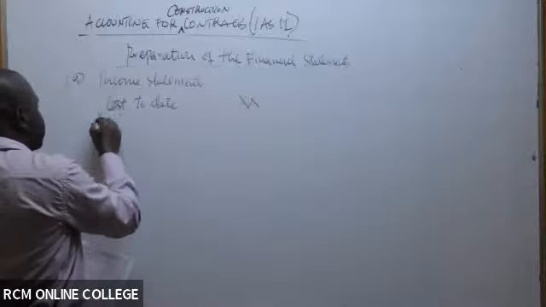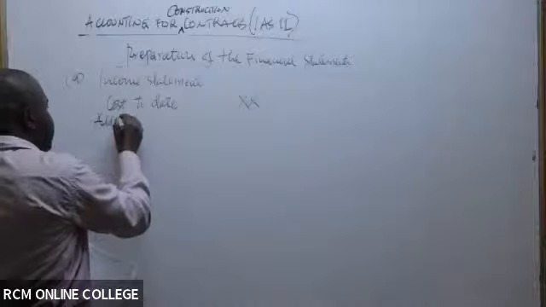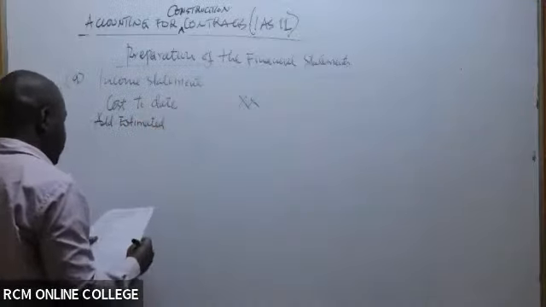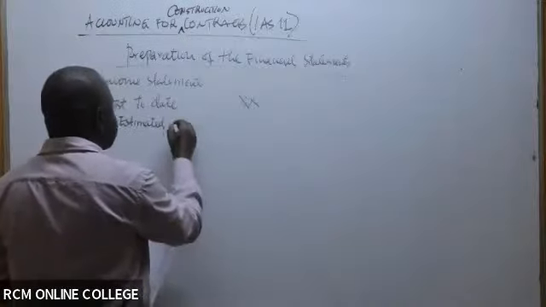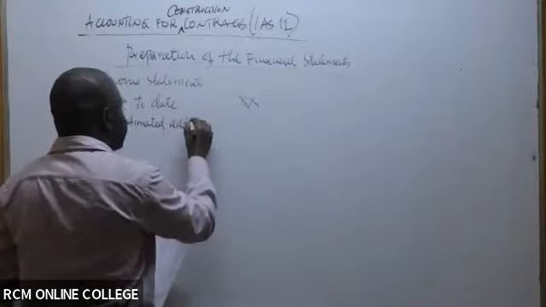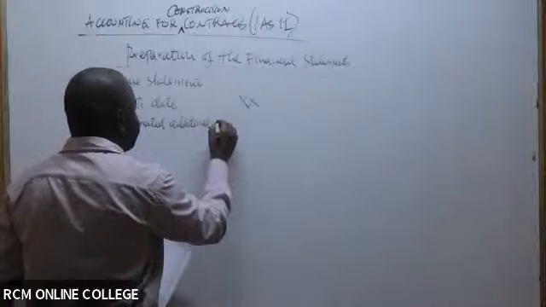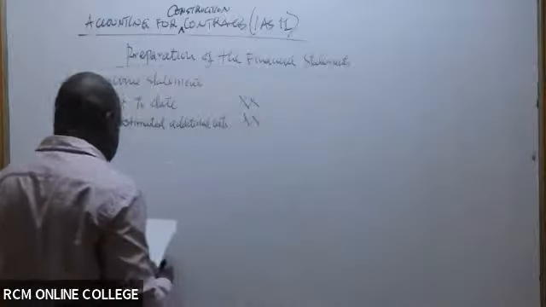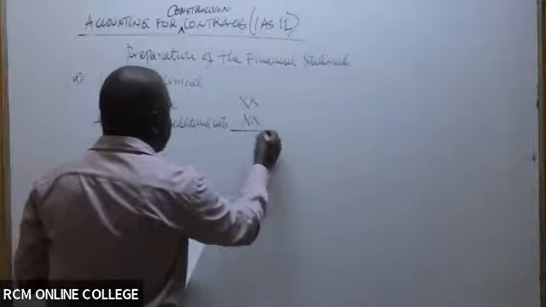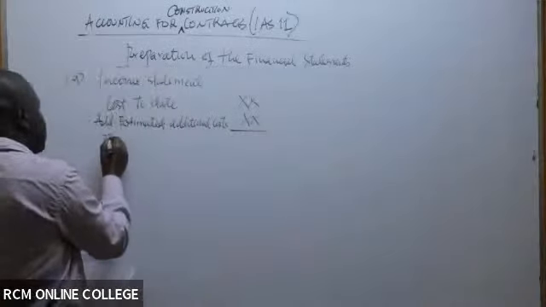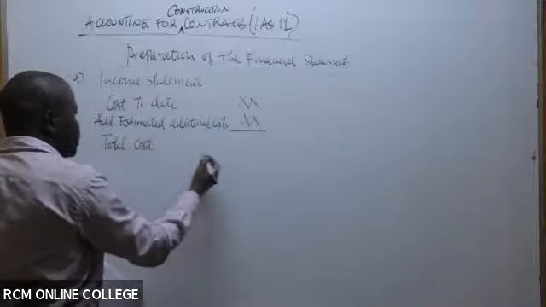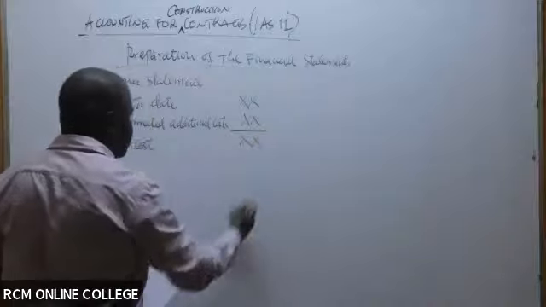You add estimated cost to completion, estimated additional costs. You add it there. Then you'll be able to get the total cost.